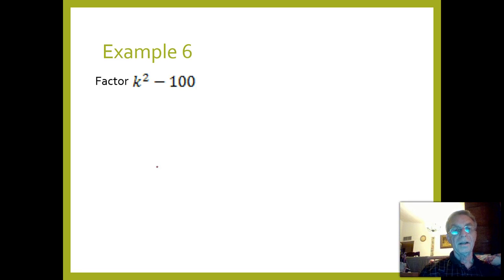Okay, all right, let's look at this one. They want us to factor k squared minus 100. Once again, we notice that k squared is a perfect square and that 100 is 10 squared. So this means we have the difference of two squares.